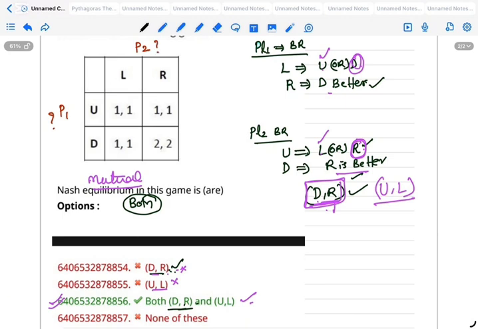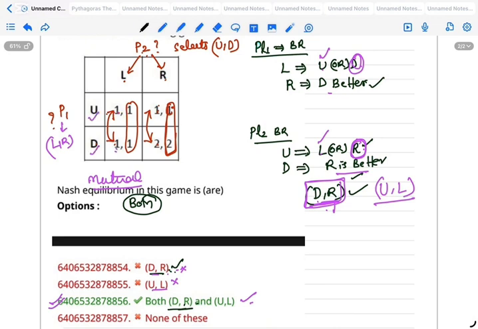If player 2 plays left, these two conditions are common: U equals 1 and D equals 1. If player 2 plays right, player 1 selects 1 and 2.